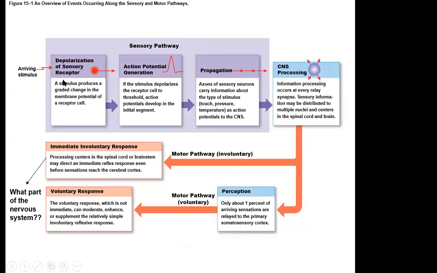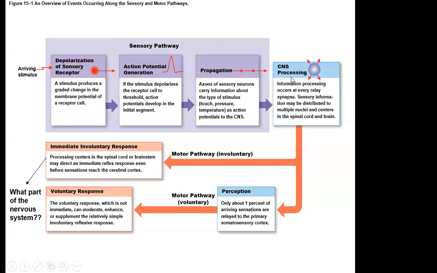If it produces a strong enough change in that membrane potential, then we will get to threshold. And you guys remember what that number is, right? Threshold? Negative 55, perfect. If we get to the negative 55, we can get our action potential generated, and that action potential can then carry the signal or the information along the entire neuron in order for it to get into the central nervous system for processing.